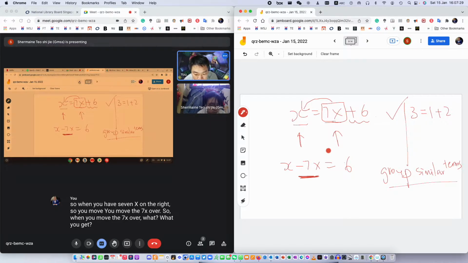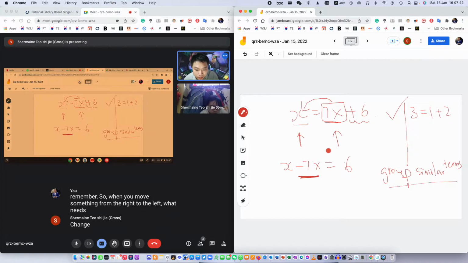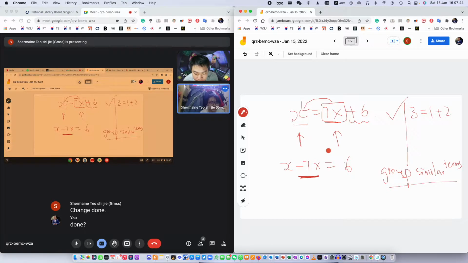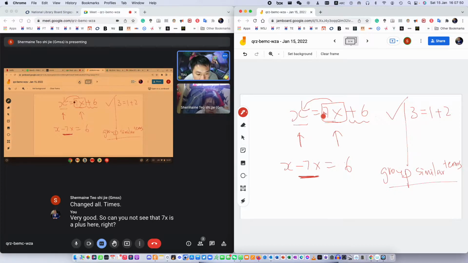And what do you need to do? Can you remember? When you move something from the right to the left, what needs to be done? Change the sign. Very good. So 7x is a plus here, right? If you move it over, it becomes minus. So that's what you have done.